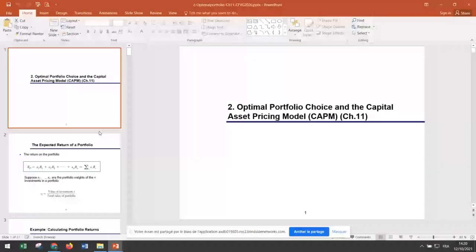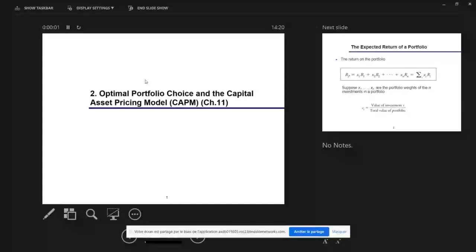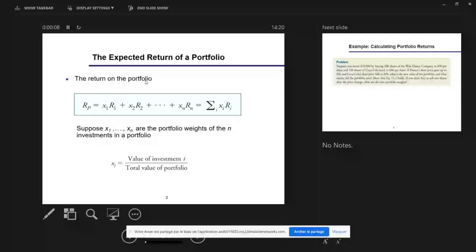So, the second chapter is called the optimal portfolio choice. What do you need to know in this section? First, you should know how to calculate the portfolio returns. The portfolio returns are based on the portfolio weights and the returns.